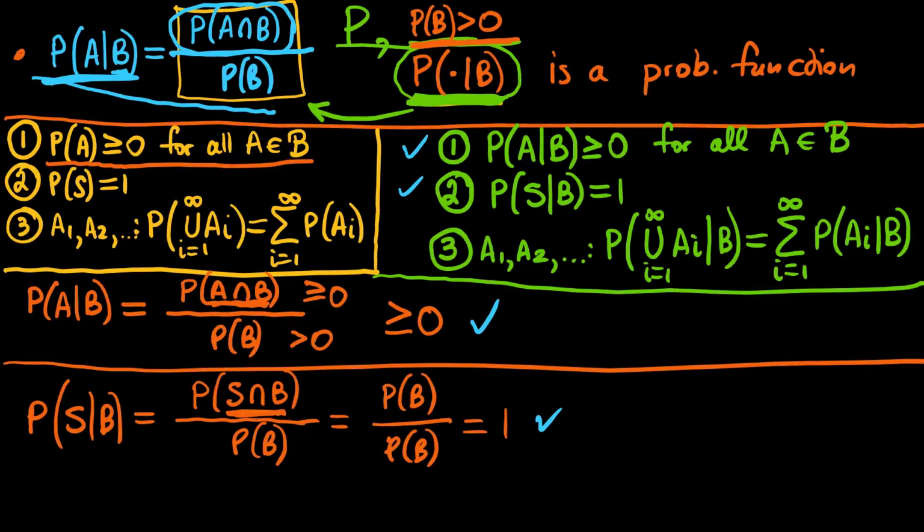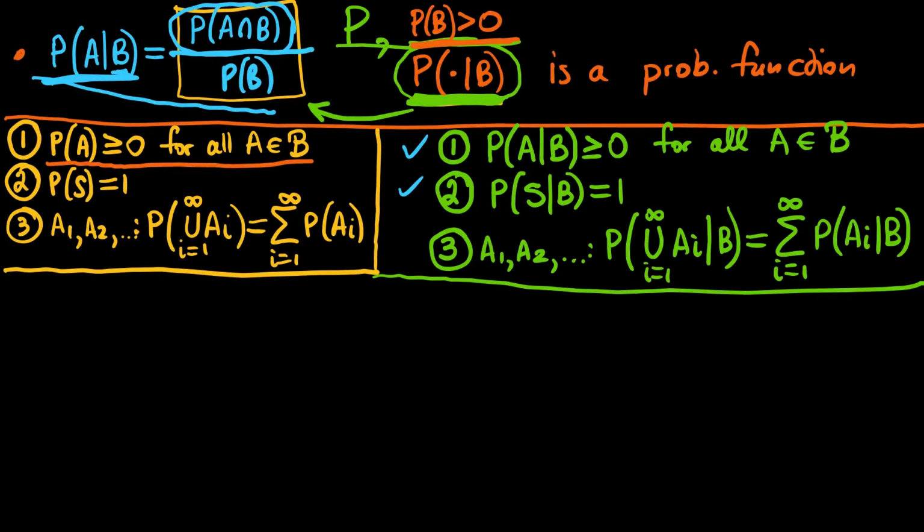So I'll just make some room here. Okay, so we want to show that this on the left equals this part on the right. So let's start with the expression on the left.